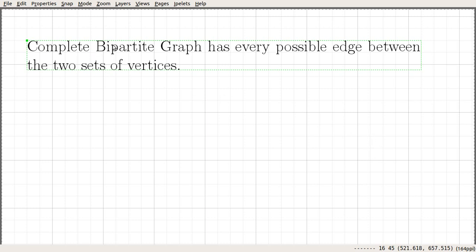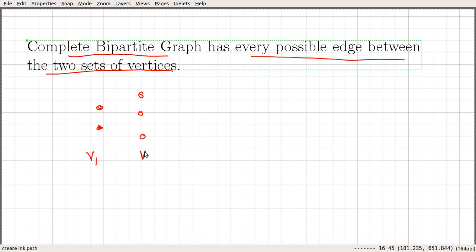Similar to the complete graph, we can define what is called a complete bipartite graph. In this case, we have every possible edge between the two sets of vertices. Let me give an example. Suppose that this is my V1 set and this is my V2 set. For a complete bipartite graph, we should have every possible edge between the two sets of vertices.